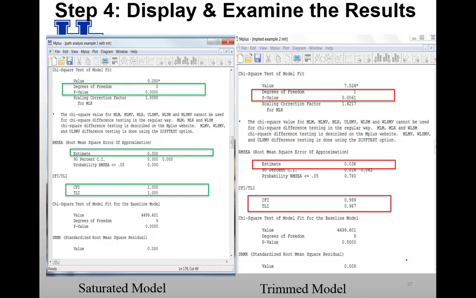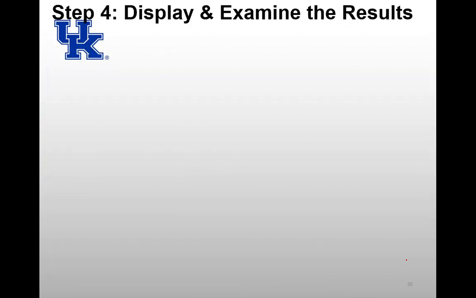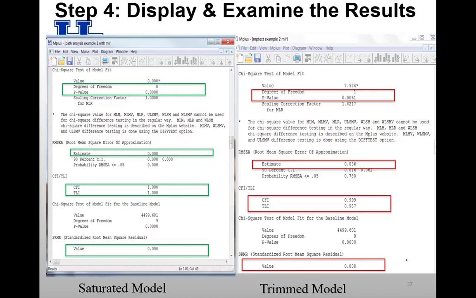That one is 1, this one is 0.999 and 0.987, above the reference cutoff value of 0.96. Here, this one we got 0.08, so not too bad. These are approximate fit. Why do we do that? Because even though we deleted that path, we still got a significant chi-square value, right? So we do not have an exact fit. So we take a look at this to see the approximate model fit.